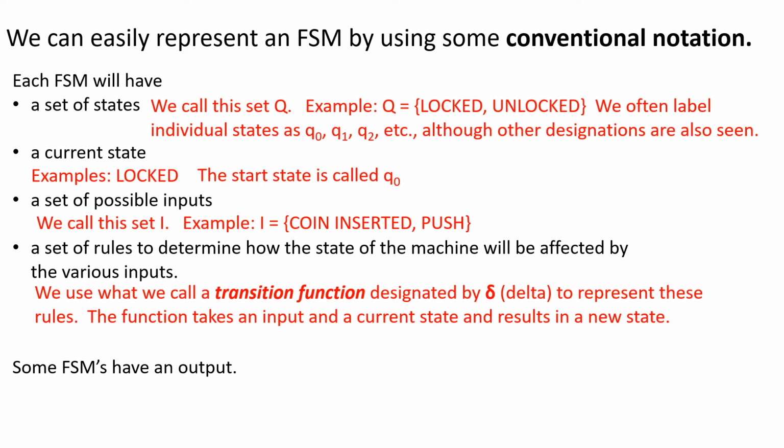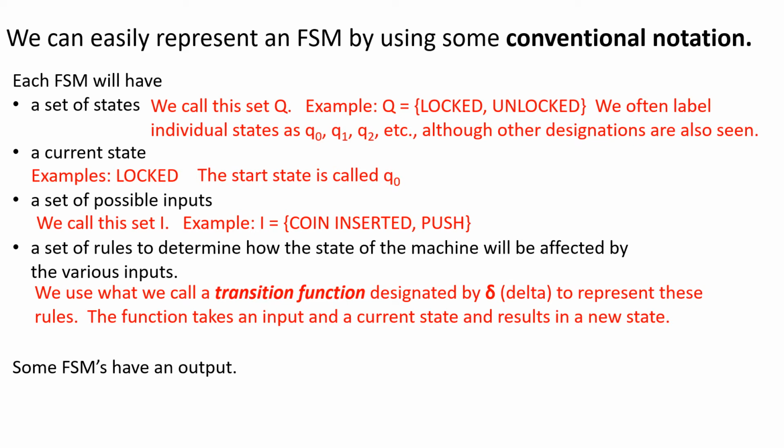So what's that function going to look like? Remember what a function is: it takes something in and then spits something out. So what do we send into the function? We send in some input at any given time, and the current state before we put in that input.